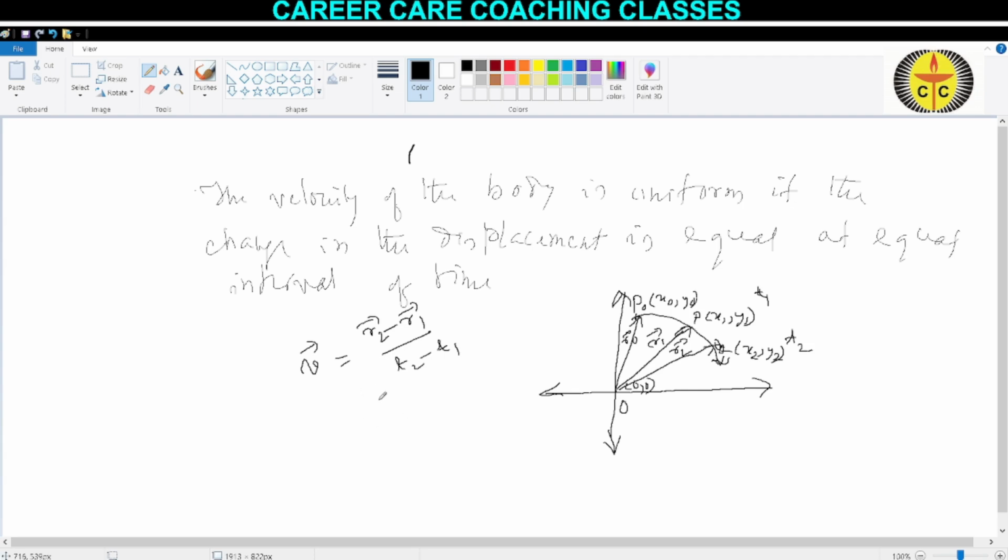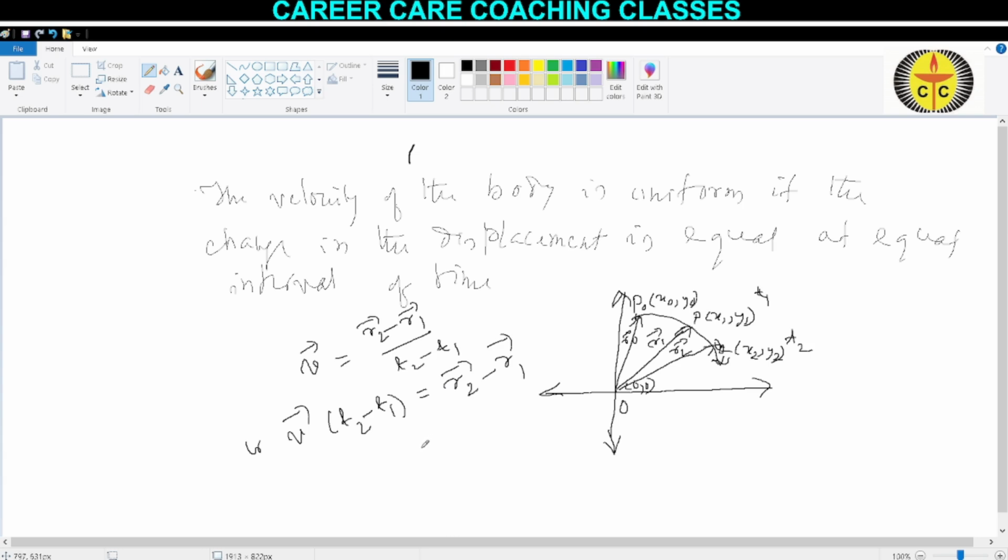So V is equal to (R2 minus R1) divided by (t2 minus t1). So V(t2 minus t1) is equal to R2 minus R1.